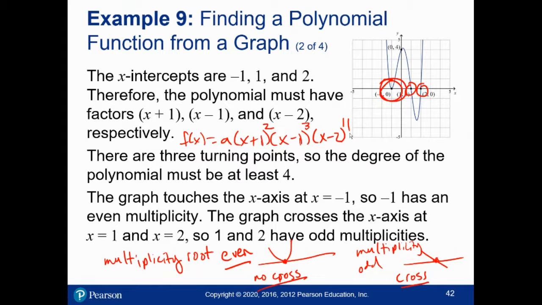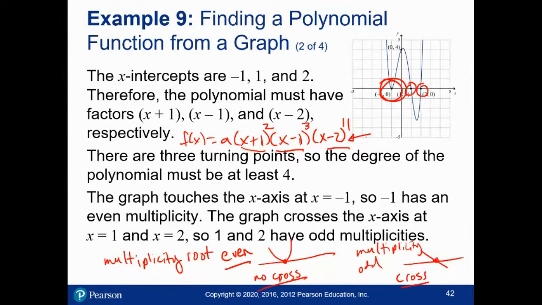Okay, this is unlikely to be accurate because my degree now is here I get an x squared, here I get an x cubed, here I get an x to the 11th. Overall, I'm going to get an x to the 16th, which means I could have up to 15 turning points. I'm not guaranteed to. I can't guarantee this graph couldn't possibly be this function, but usually you get about as many turning points as you're allowed.